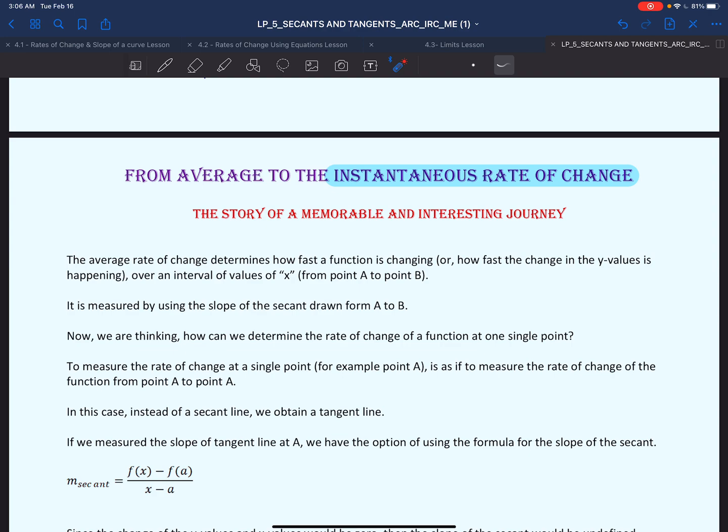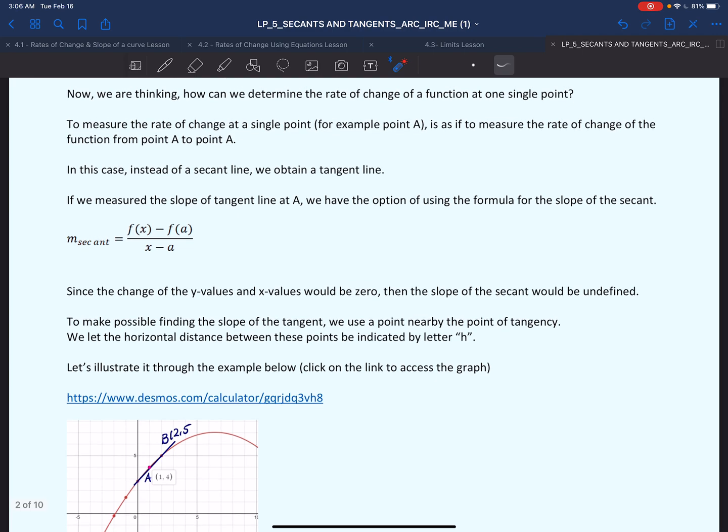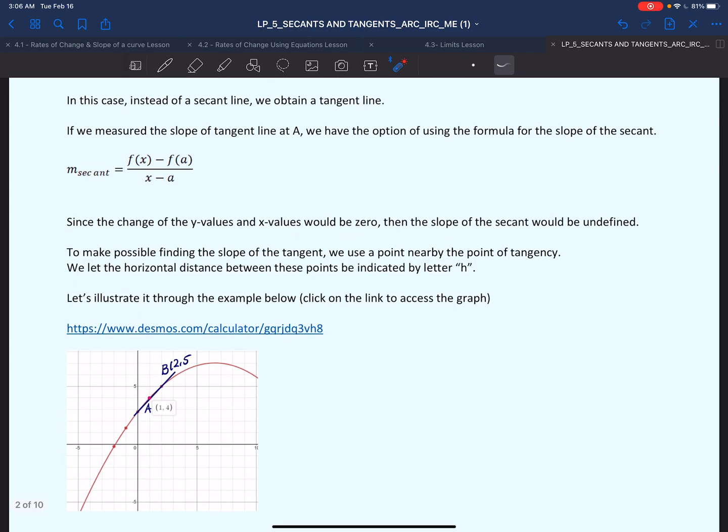Knowing that the average rate of change is measured by the slope of the secant line from 2 distinct points, now we're thinking that to determine the rate of change at a specific point, say for example at the point A on the graph of this function, then we just need to bring the point B a little bit closer to point A. So if the point A had the coordinates A, f of A, we are assuming that we're bringing the point B very, very close to point A, such that the horizontal distance in the x-coordinate will be a very small number, which we indicate by letter h.